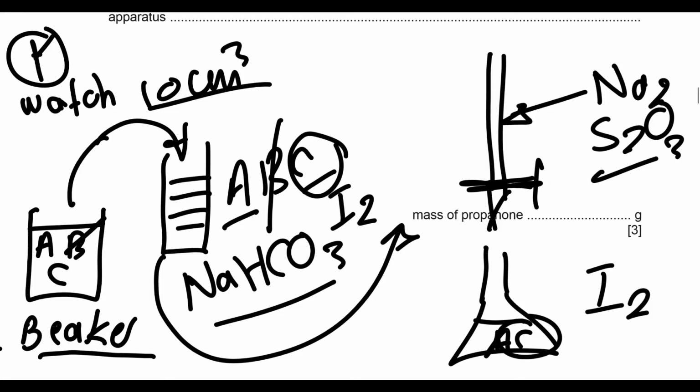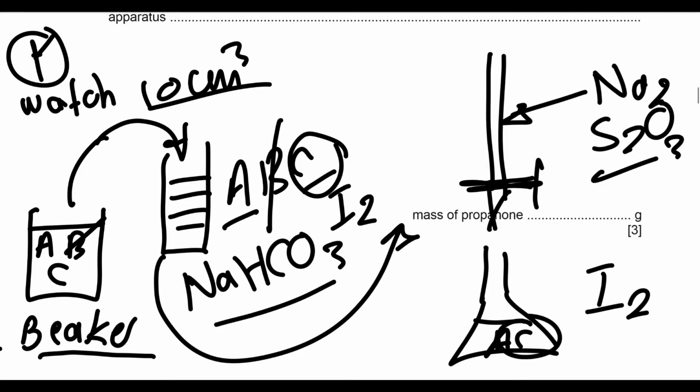So then you will have different concentrations of iodine for different interval times. Then by drawing the graph of time versus concentration, you will determine the order of reaction with respect to the iodine.